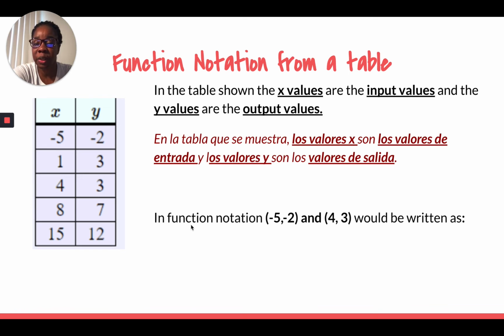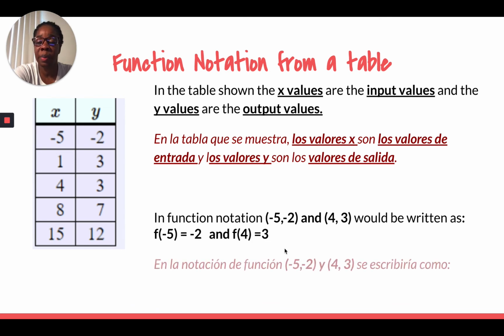In this particular function, the pair of coordinates -5, -2 and 4, 3 would be written as f of -5 is equal to -2 and f of 4 is equal to 3, and that's how that would be written in function notation.